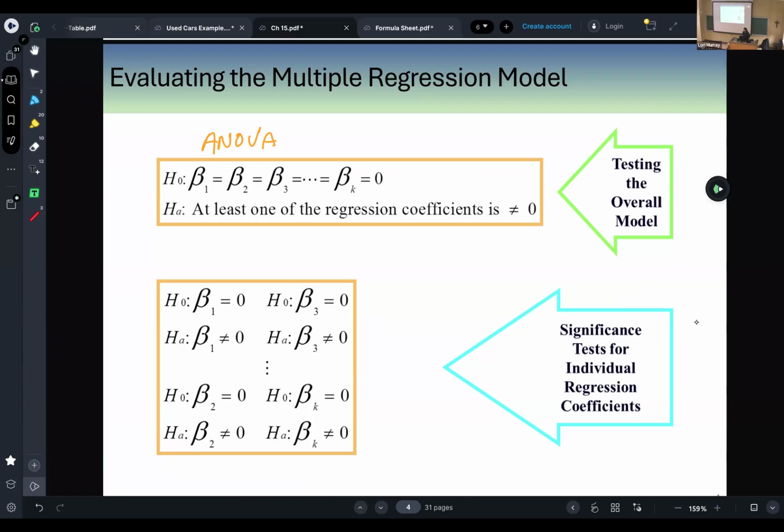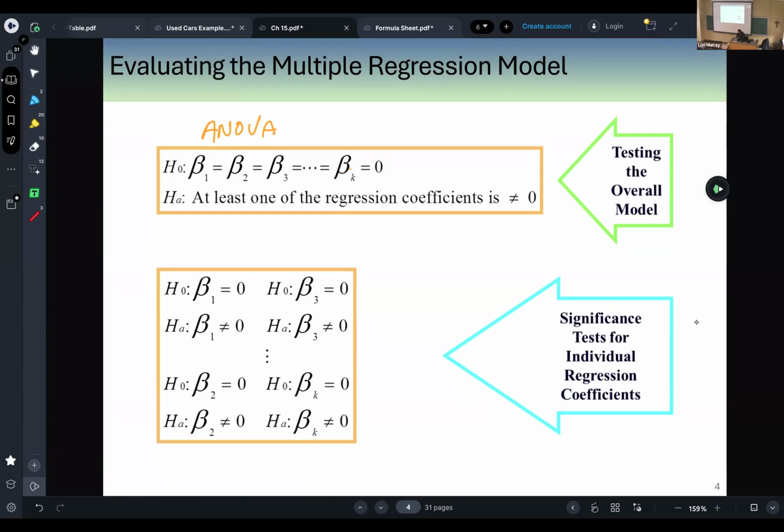And if you want to test them individually, you just do the t-test. And it goes up to subscript k, where k is the number of predictors. Just like we talked about with the ANOVA table, k is the number of predictors in your model. Okay, everyone's with me? Good.